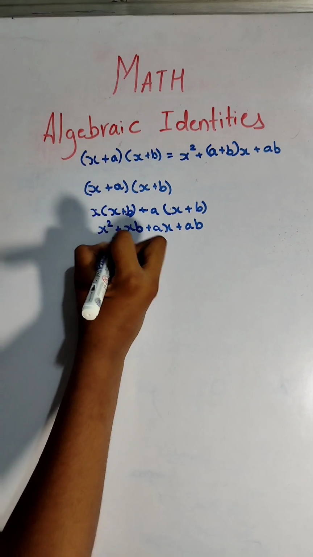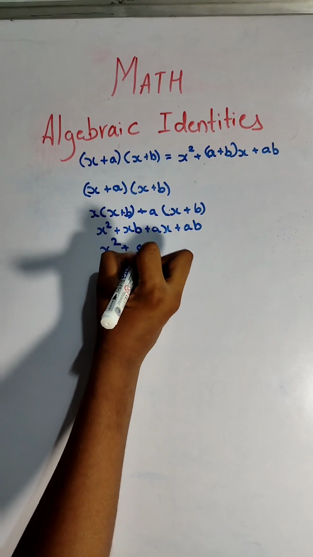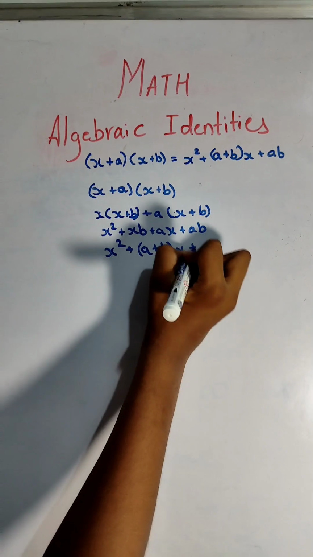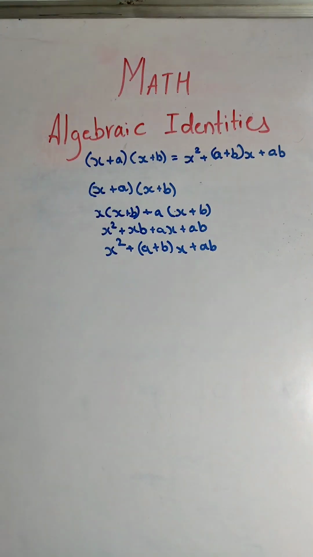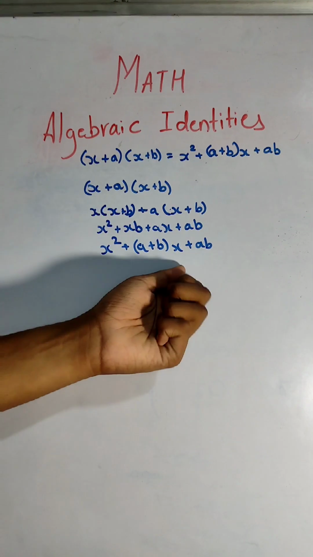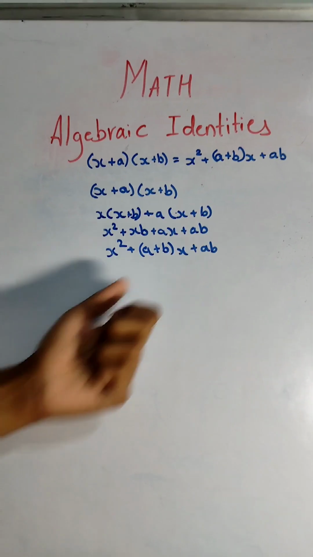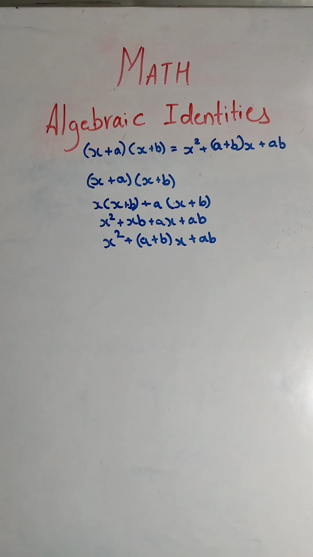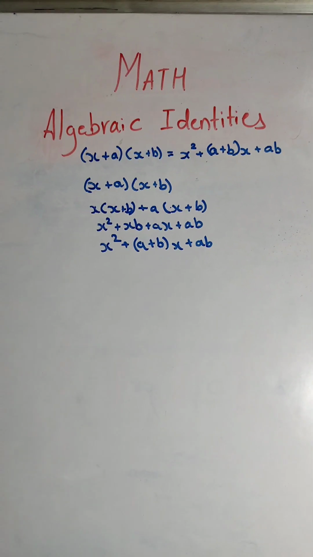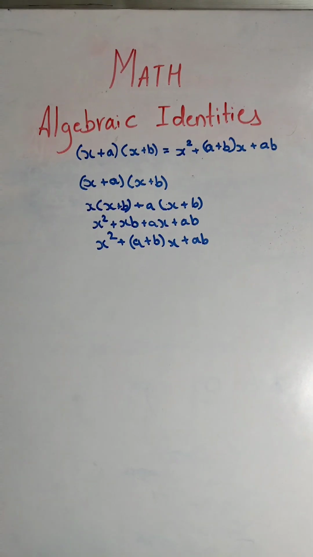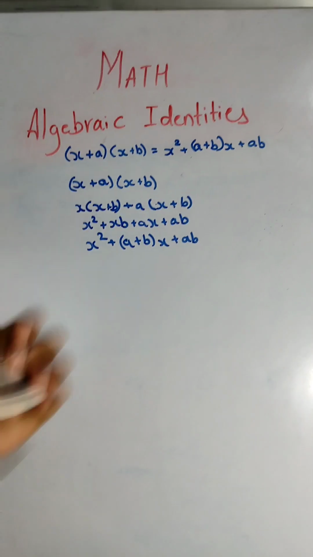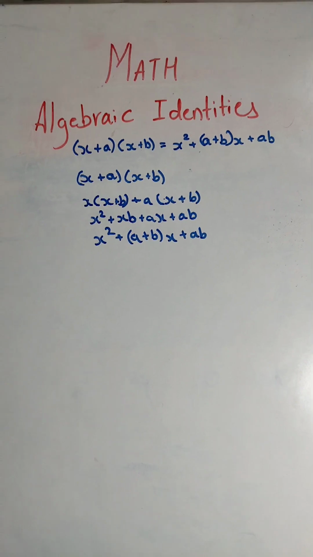That is x square plus (a + b) into x plus ab. So you can see what we've done here. We've put the x in the corner and we've taken a and b and grouped them together and multiplied it by x. So we are not changing the equality. It's equal to each other, but all we are doing is simplifying it for us to understand.